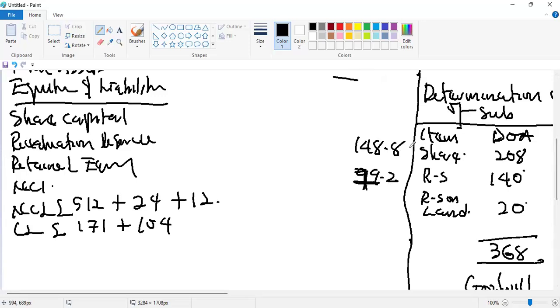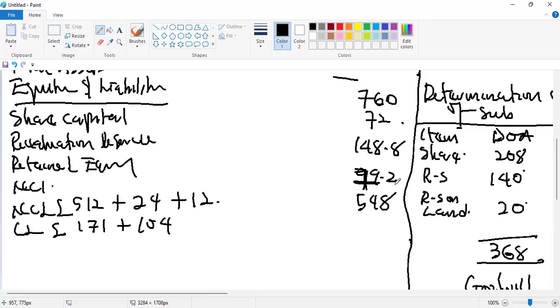Let's check the share capital of the parent. $760. Revaluation reserve 72. The non-current liability, we have 512 plus 24 plus 12, 548.